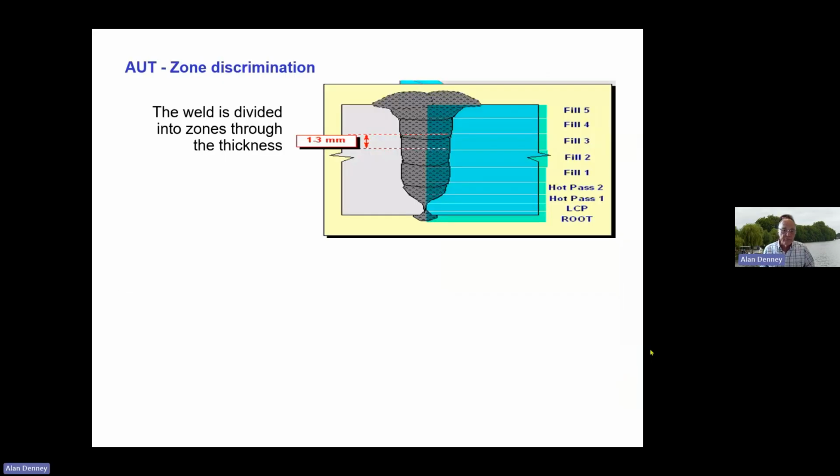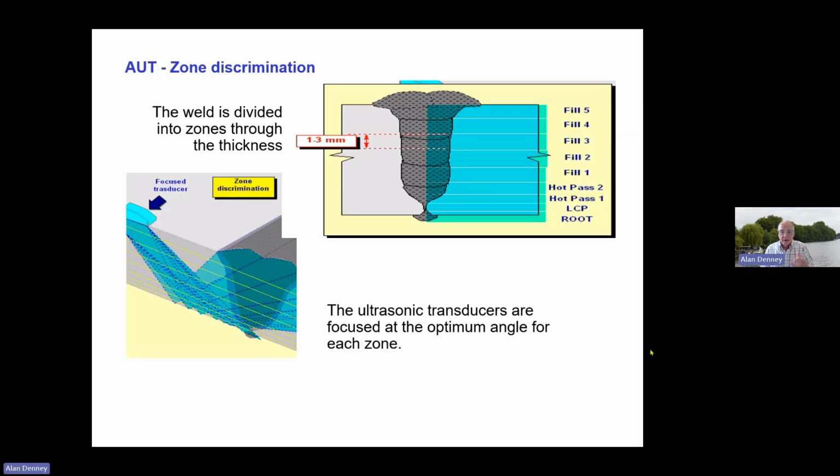So with the phased array probes, you're looking at the full thickness of that weld, but it's very clever. That weld is divided up into a series of bands, and those channels, well, I'll come to the channels in a minute, but you've divided the weld up into different zones, and the probes are actually focusing on each of those levels. So there's a different channel for each of those zones, and as it says there, they're between 1 and 3 millimeters in height.